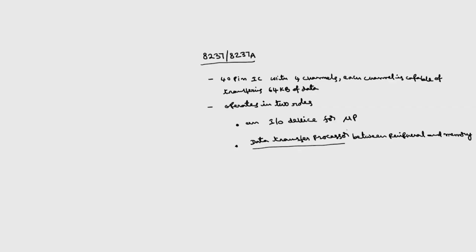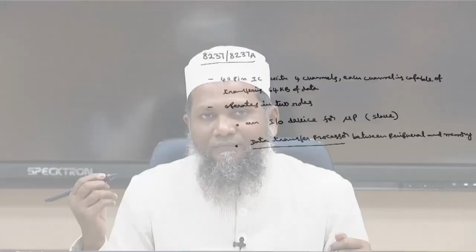When the switch positions are up, it will act as simply an IO device. Whereas in case of DMA, it will act as a processor, because the microprocessor will be bypassed in case of a DMA data transfer. So the DMA controller itself will act as a DMA processor. The first mode is called slave mode, because here the master is the microprocessor.